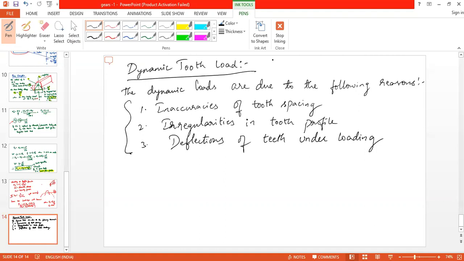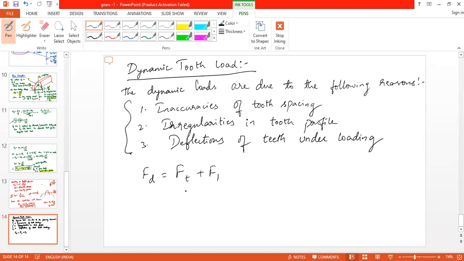So a close approximation to the actual conditions can be obtained like this. That is, FD, the dynamic load, is equal to Ft plus F1. This F1 is the increment load due to dynamic action.